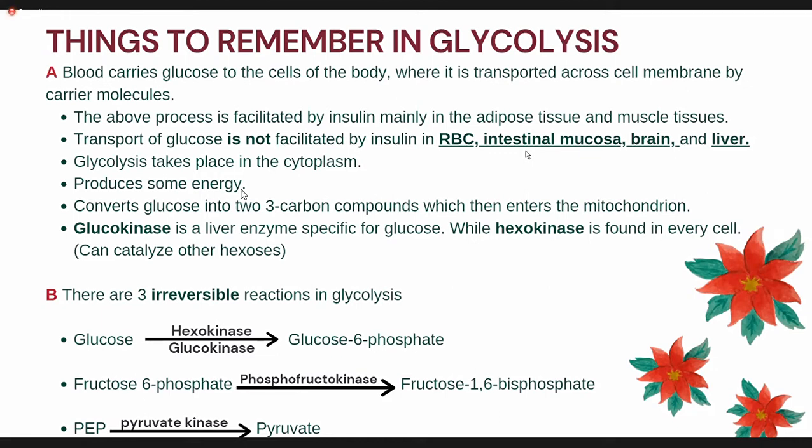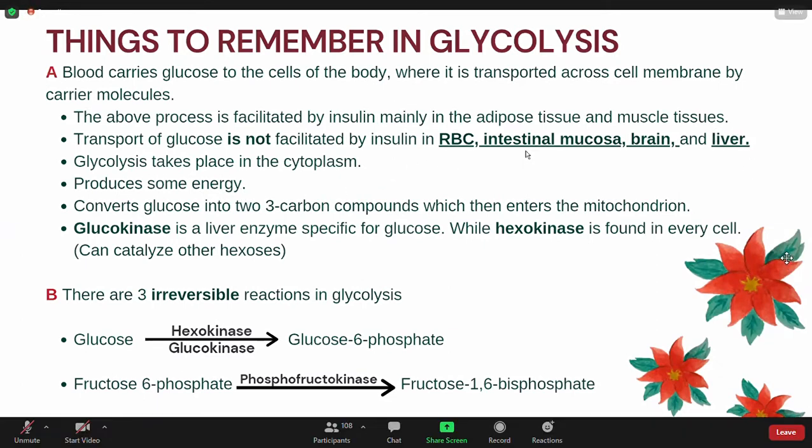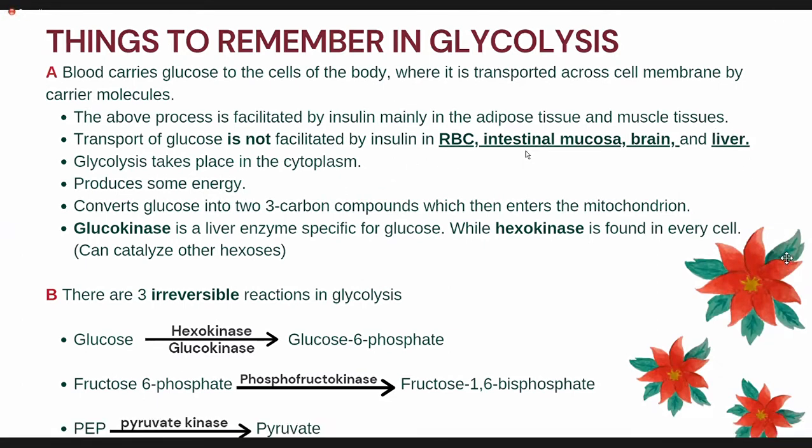It also produces NADH, a reducing equivalent, which is, of course, oxidized in the electron transport chain, meaning to say that NADH will have to go to your electron transport chain in order to be oxidized, and in the oxidation process, ATP is formed.